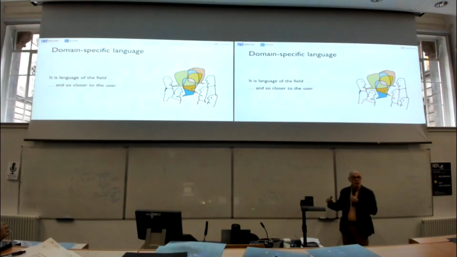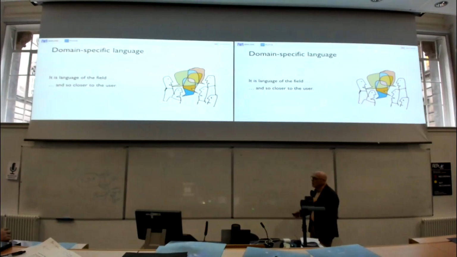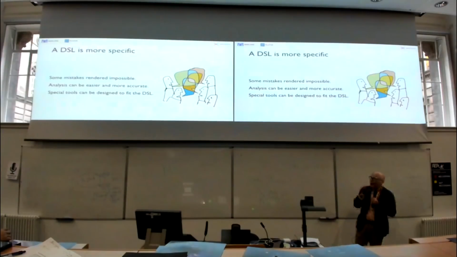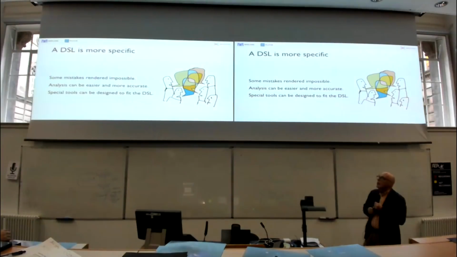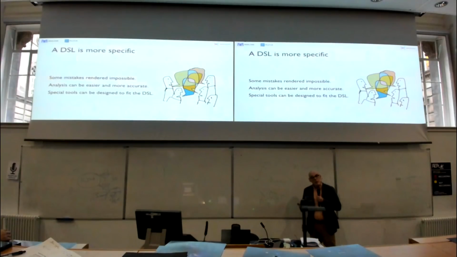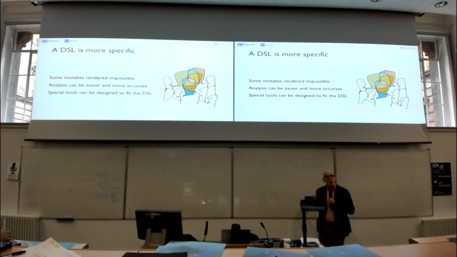It's focused on the user, not on the technology. And people have been doing these things for a long time. You see them in different areas, and you get a whole lot of benefits from this sort of approach. One nice thing, if you look at a DSL in an area which is error prone, is that if you design the DSL in the right way, you can rule certain errors out from the start.